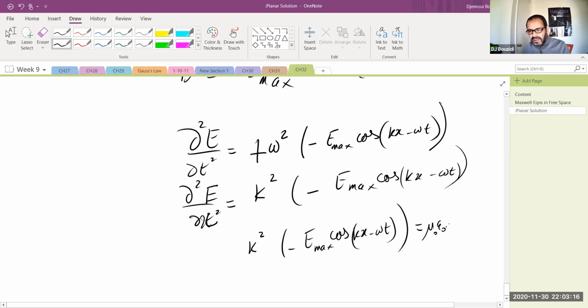I should have really stopped using this symbol. So this is equal to that times omega squared times the same stuff, minus E max times cosine of kx minus omega t.